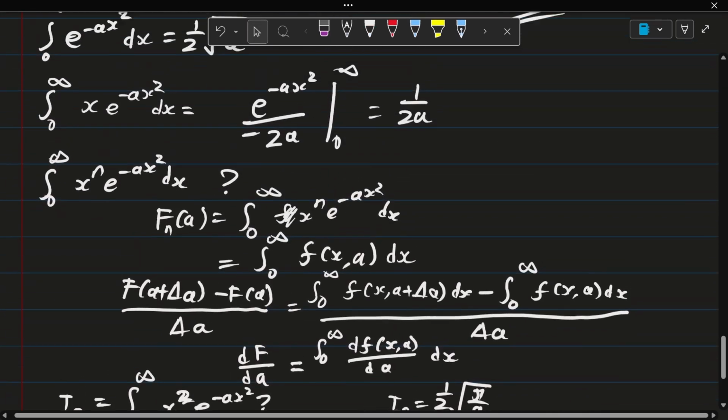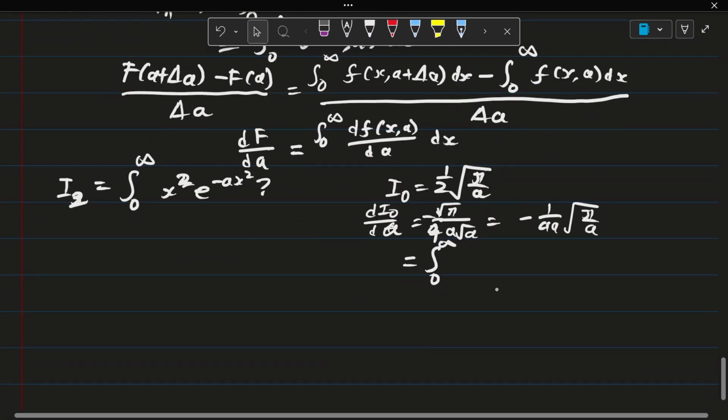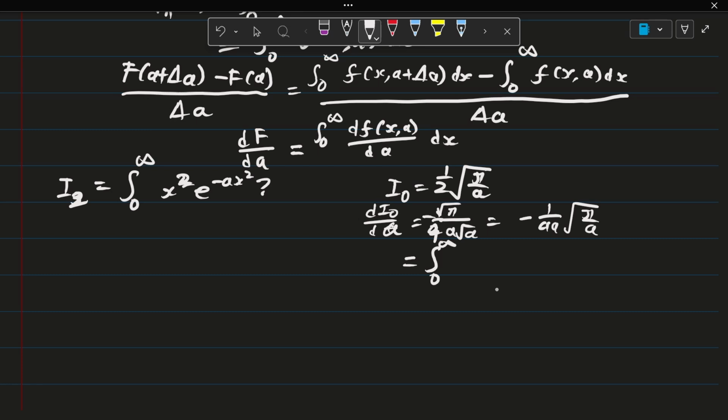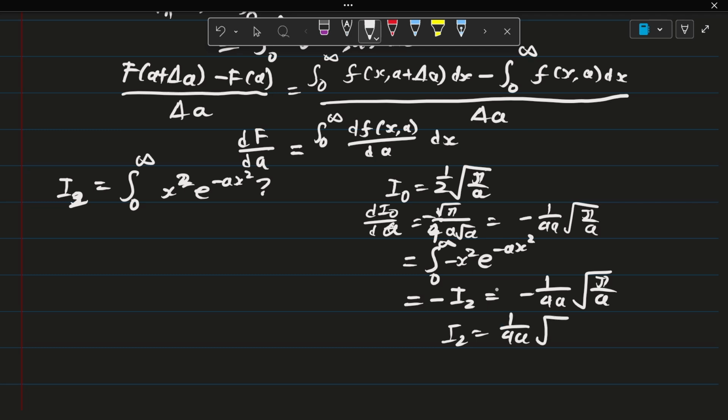So it's e to the power of negative a x squared, and then we derive it with respect to a. So it's going to be negative x squared in here. So what we see here is the negative I2, and this equals the negative 1 over 4a times the square root of pi over a, which means our I2 is 1 over 4a times the square root of pi over a. This is our value.